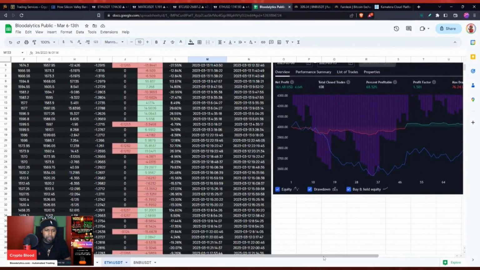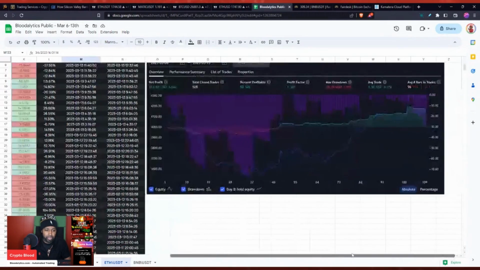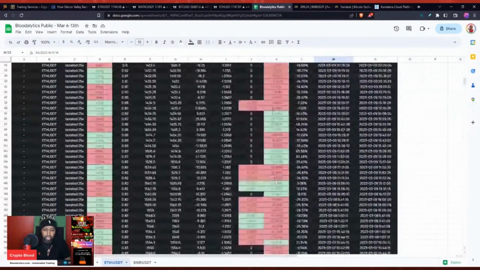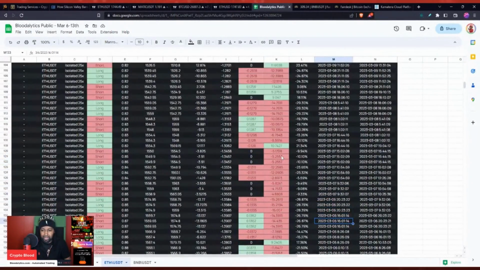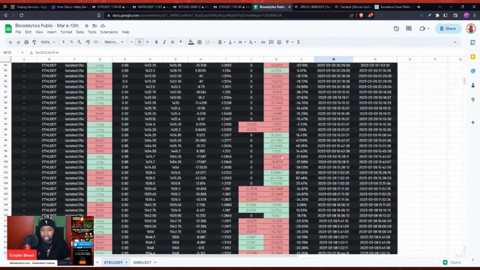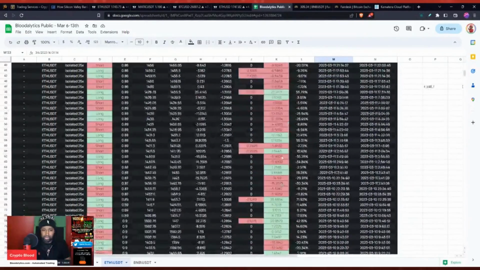Now, if you look here, the beginning of the week, we were in the red. Literally from the beginning of the week up until the mid part of the week, and then we started turning positive. But these negative trades here probably were bigger than they were supposed to be because they were not reflecting what Fairdesk used for pricing Ethereum versus USDT.